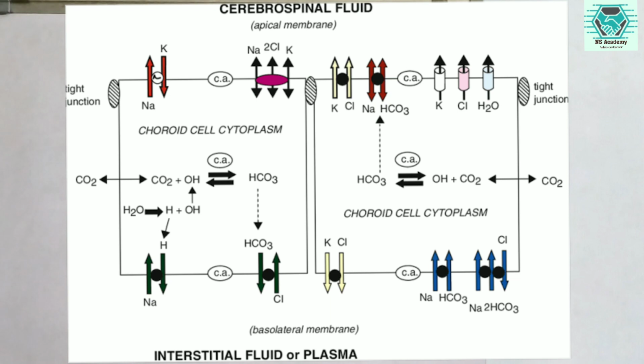The generation of H+ and HCO3- by carbonic anhydrase is important in the secretion of CSF. Another point regarding the formation is that less important transport processes move a small amount of glucose into CSF, and K+ and HCO3- out of the CSF.